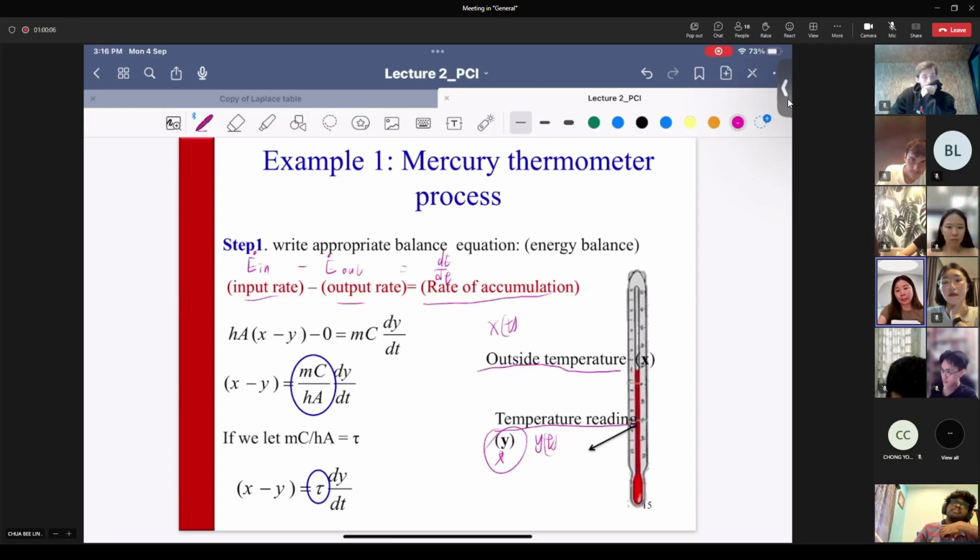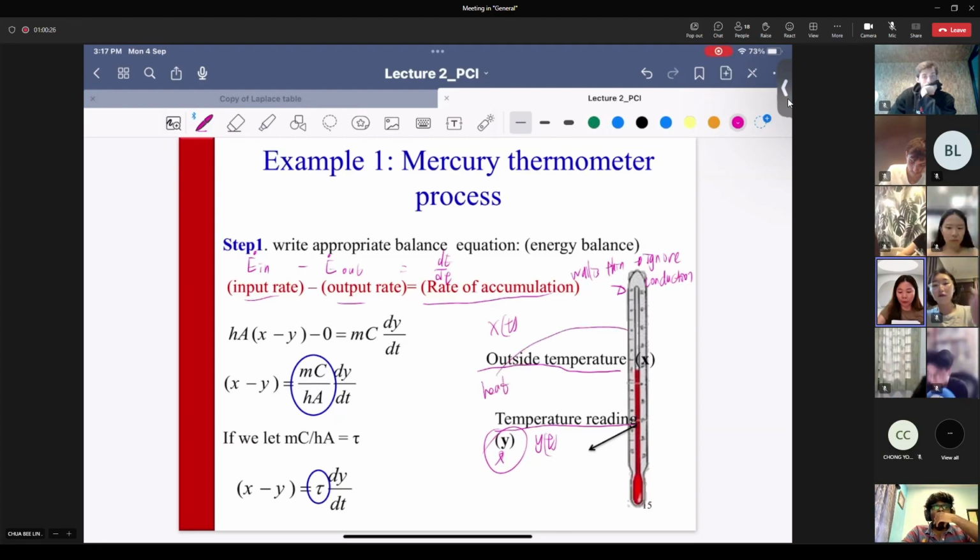So in this case, we assume the wall of the thermometer is super thin. Then you can ignore conduction. So the heat flowing inside the thermometer, to the mercury, will only involve the heat transfer mode of convection.